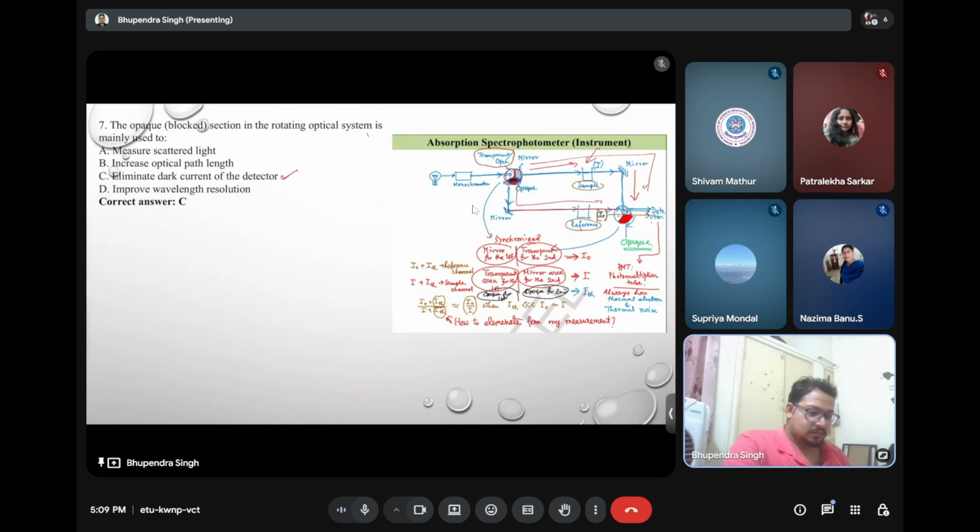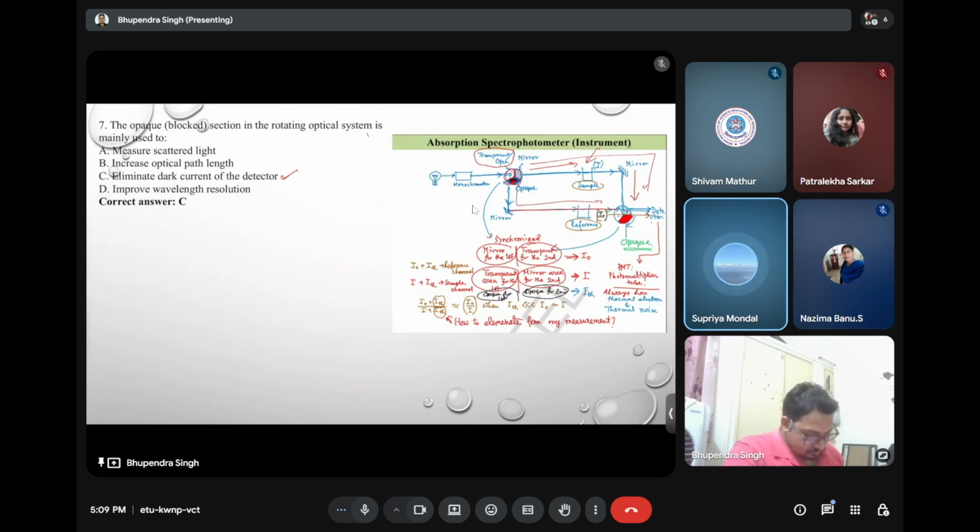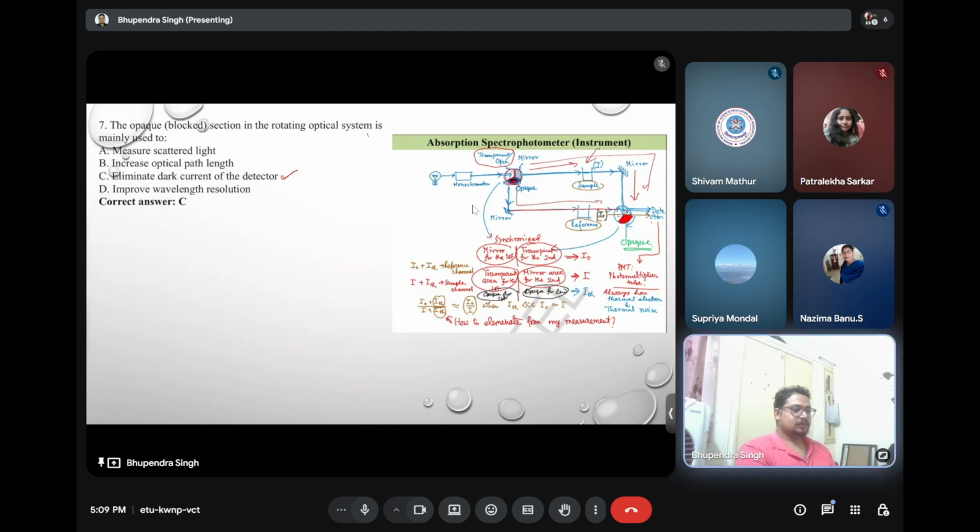So, do you know anything about the detector thermal noise? Anything? Perfect, perfect.